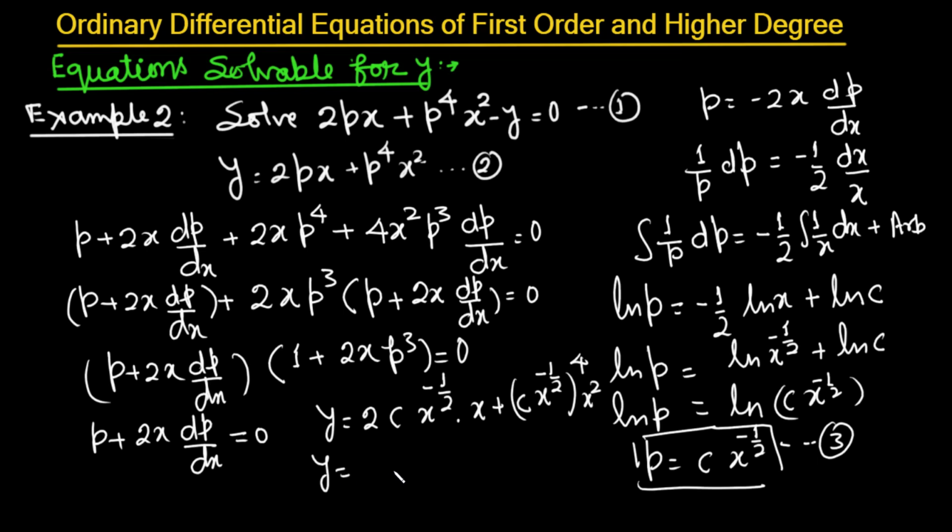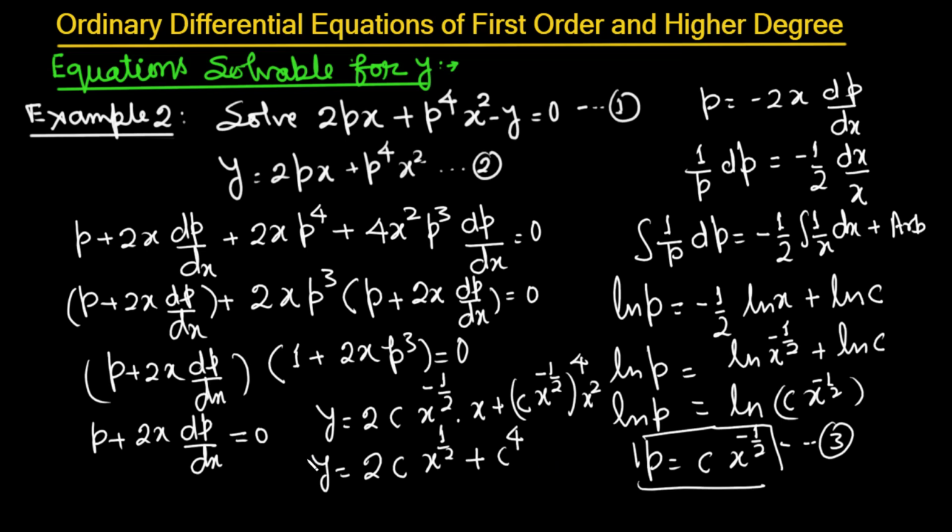And after simplifying, we get y equals 2c x raised to the power 1 minus half, this is x raised to the power 1 over 2, and this one is plus c raised to the power 4, x raised to the power minus 1 by 2 whole power 4 will be x raised to the power minus 2, and x raised to the power minus 2 into x raised to the power 2 will be x raised to the power 0, and x raised to the power 0 is 1.